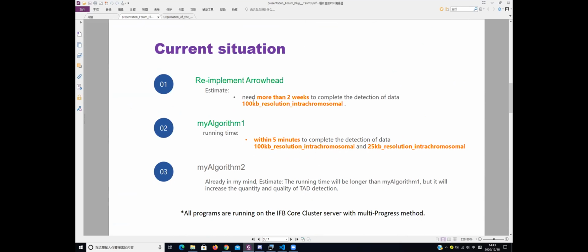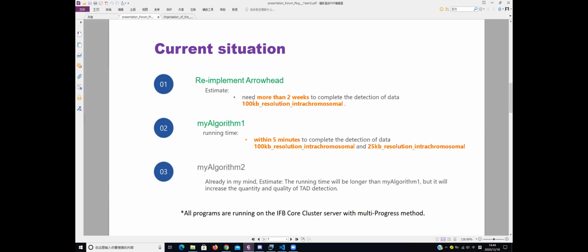And now this algorithm is just the index. We use the data, and we directly fix the data. We track the position that should be there. If there is some data, it means this is a TAD. If there is no related data, this is not a TAD.